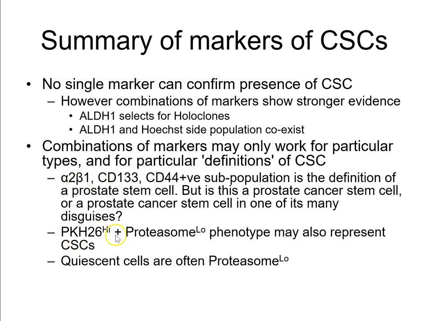And then finally we've got the PKH high quiescent phenotype. That in our hands co-localizes with the proteasome low phenotype, so we think that this is a really good marker of certainly a stem cell like phenotype, especially when the PKH high, proteasome low phenotype correlates with, in our hands in multiple myeloma, CD138 negative cells, which are the drug refractory cells, which are the ones that survive Velcade treatment in multiple myeloma.